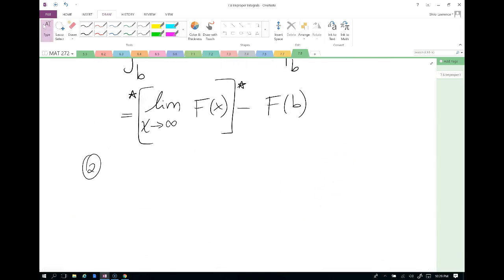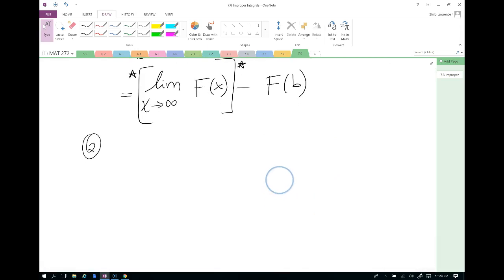If we do have an internal issue, so we've got good endpoints, and probably at first glance you're going to look at this problem and not think there's any issues with it at all until you look at your integrand and realize, ooh, my interval's 0 to 3 and I've got an asymptote at 2. Yeah, there's going to be a problem inside my interval there.